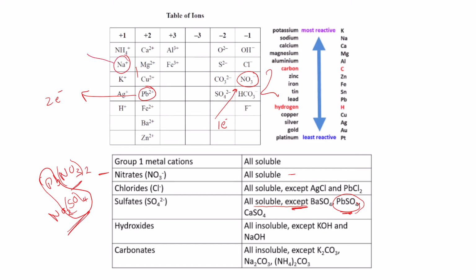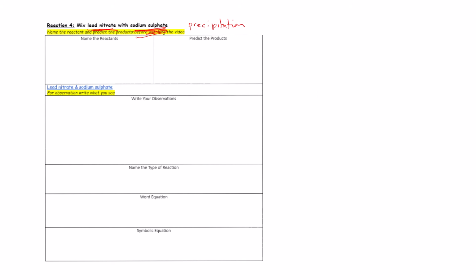Sodium forms a +1 ion, so that gives 1 electron, and sulfate forms a 2- ion. So we're going to need 2 sodiums for 1 sulfate. So our formula for sodium sulfate is 2 sodium, 1 sulfate.